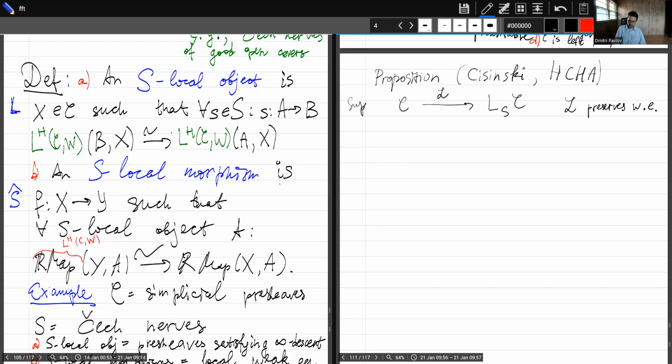So suppose C and S are a model category and a set of morphisms. Then you have an induced functor of quasi-categorical localizations, which I'm also going to denote by L.